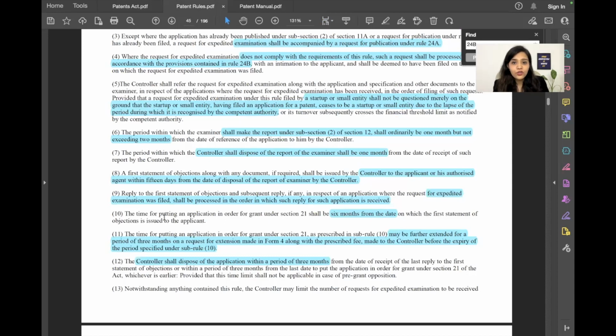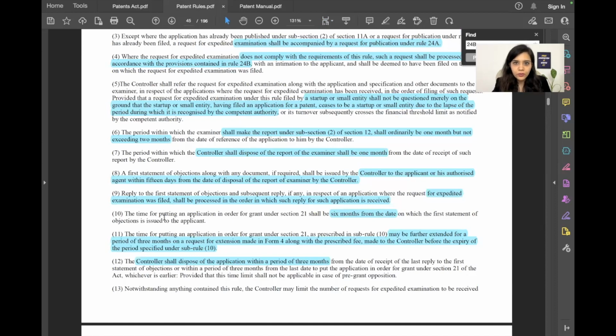So do not confuse the terminology first examination report, FER, or first statement of objections, because our prior rules used to mention first examination report. Now the terminology is first statement of objections. But we have another subsection which is also important, which is subsection 11, and it is the same in both kinds of examination.